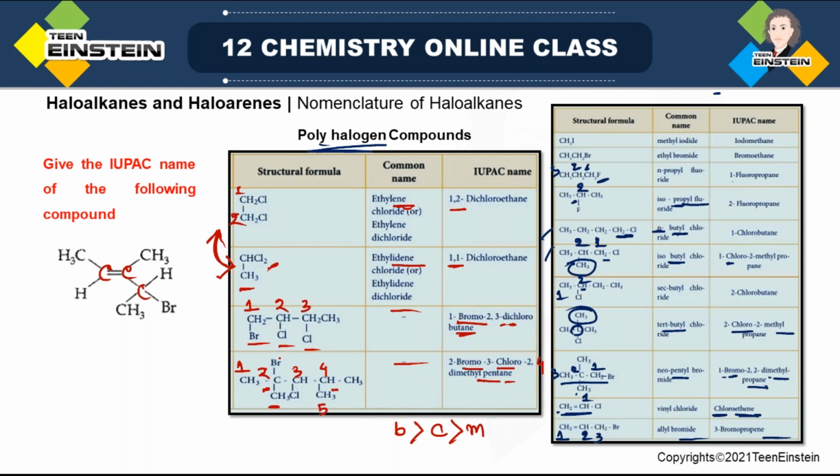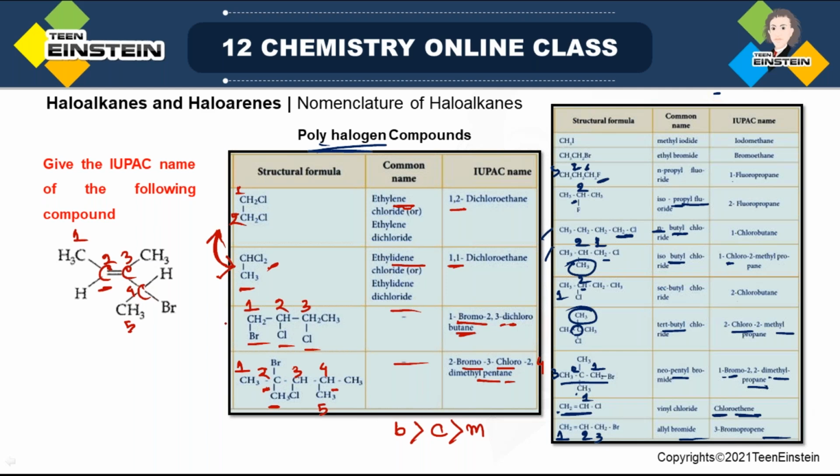Now remember, when a C=C double or triple bond is present, you have to give more preference to this bond when numbering the carbons. So numbering will start in such a way that this carbon gets the minimum number. So this is 1, this is 2, and the longest chain should also contain the C=C double bond. That also you have to keep in mind. This is 4 and this is 5. So the total number of carbons in the longest chain is 5.